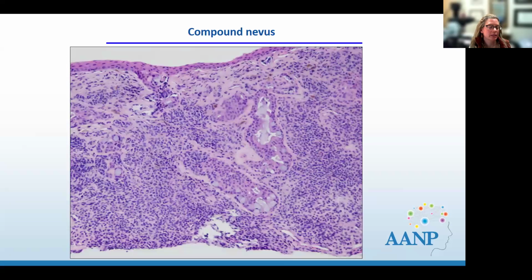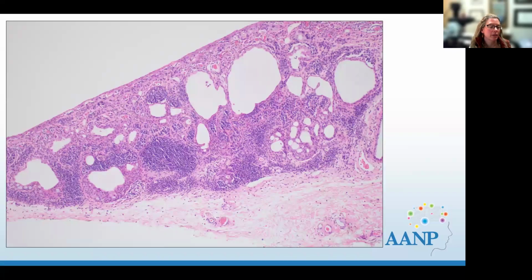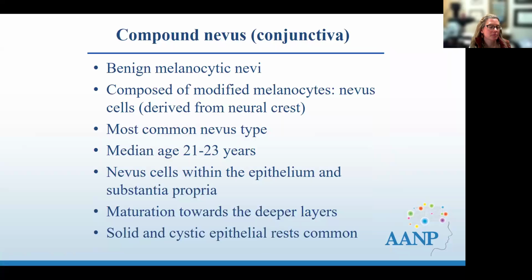There we go with the cystic spaces. And there's a very nice overview one with large cystic spaces, chronic inflammation, and then the nested architecture with the nevoid cells if you look closer. There we go. And there's another SOX10. Okay. All right, we're going to keep going.